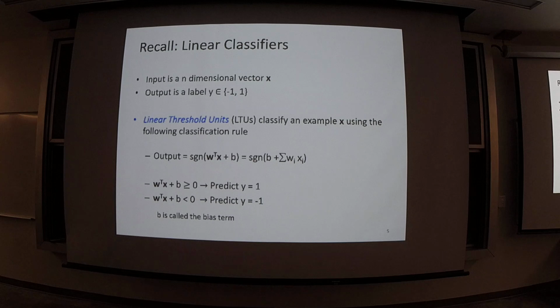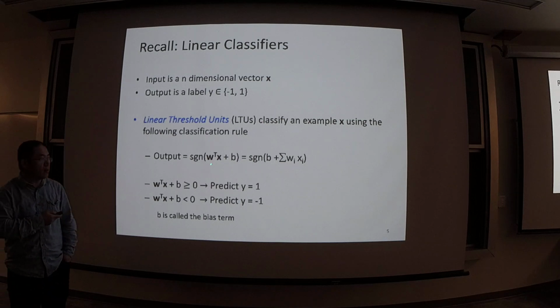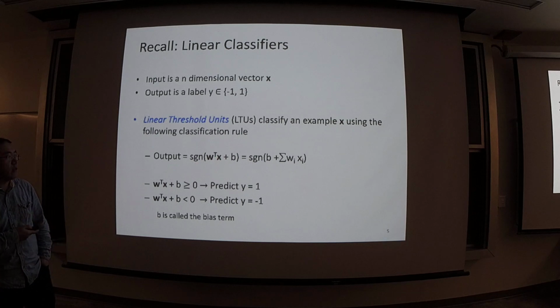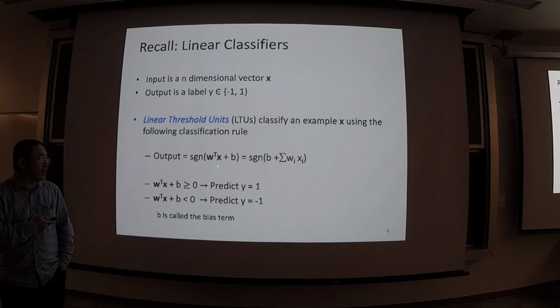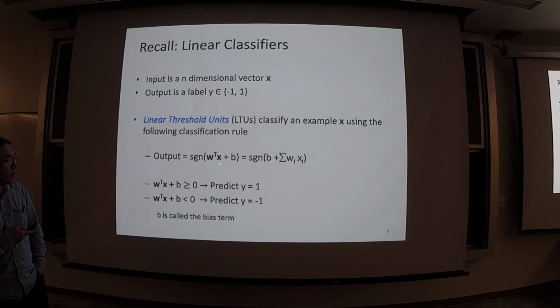A linear classifier, also called a linear threshold unit, classifies an example using the following rule. It predicts the output using the sign of the classification function. The classification function is an inner product between a weight vector w and the input vector x plus a bias term b.